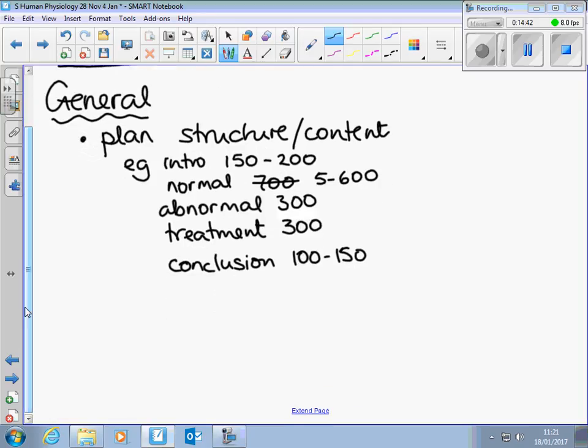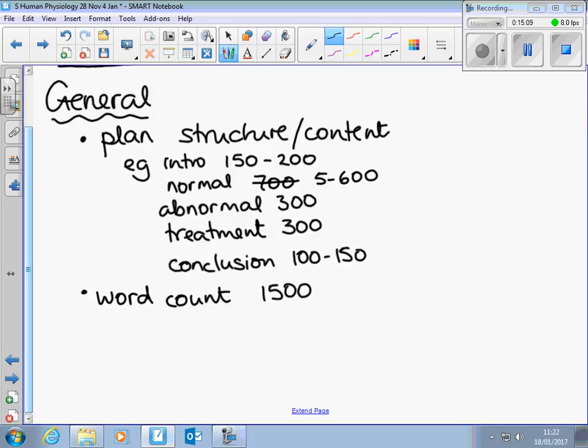The other general things, do beware of the word count. All right. I am being more, what's the word, strict on this. So it's 1,500 words. If you hand something in that's less than 1,500 words, you are missing stuff out that you could put in, basically.